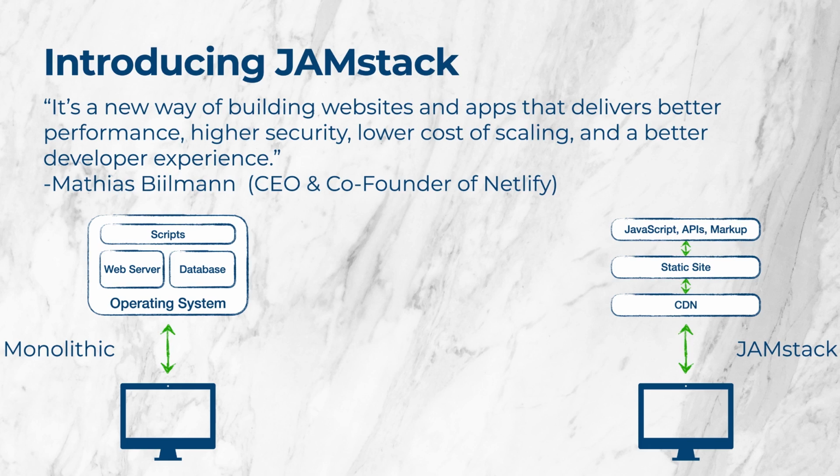If you live in the United States and that's where you are hosting your web application in a monolithic structure, then somebody in China would have to make their request and go all the way to the server in the United States and then get sent all the way back before they could receive a request.